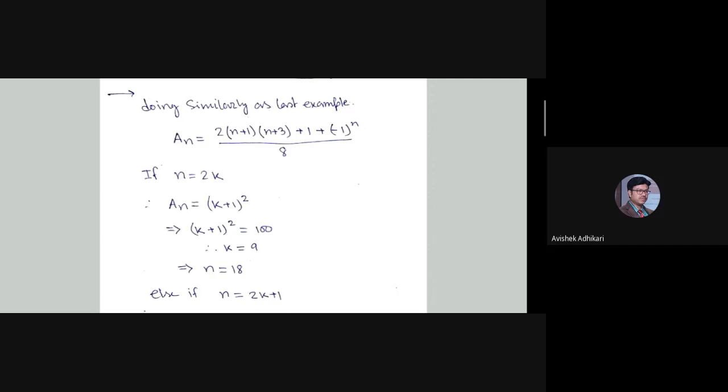So n can be of the form even or odd. If n is even, then n must be of the form 2k, where k is an integer. Putting n equals 2k in the above equation, I find that a_n equals (k plus 1) whole squared.